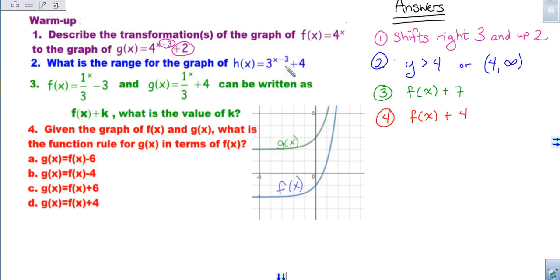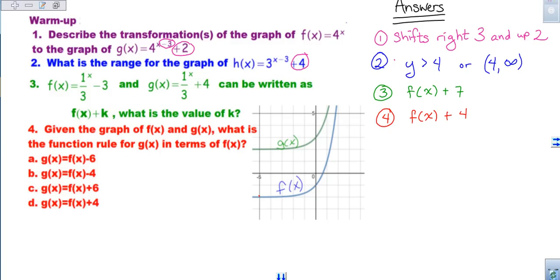It would normally start at 0 and go up, but since we've shifted it up 4, it's going to start 4 up, so it'll go from 4 to infinity, and that's why the y's are greater than 4. It cannot equal 4 because if this 4 wasn't here, it would be at 0, like down here, and then go up, but it would never actually touch 0. So that's why it doesn't include 4.